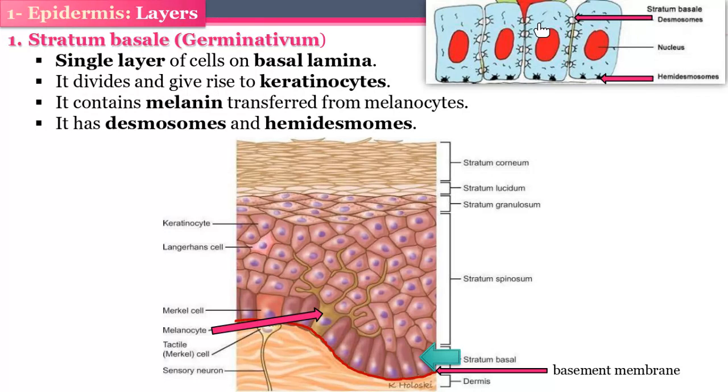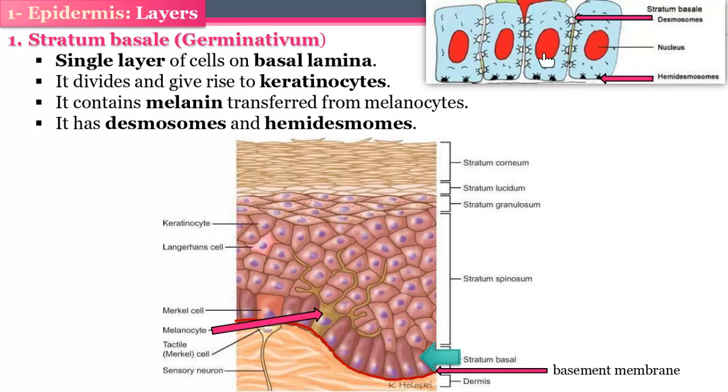The desmosomes and hemidesmosomes are the attachment molecules. At the basement membrane or the basal surface area, they have hemidesmosomes, whereas in between the cells, they have desmosomes as the attachment molecules.